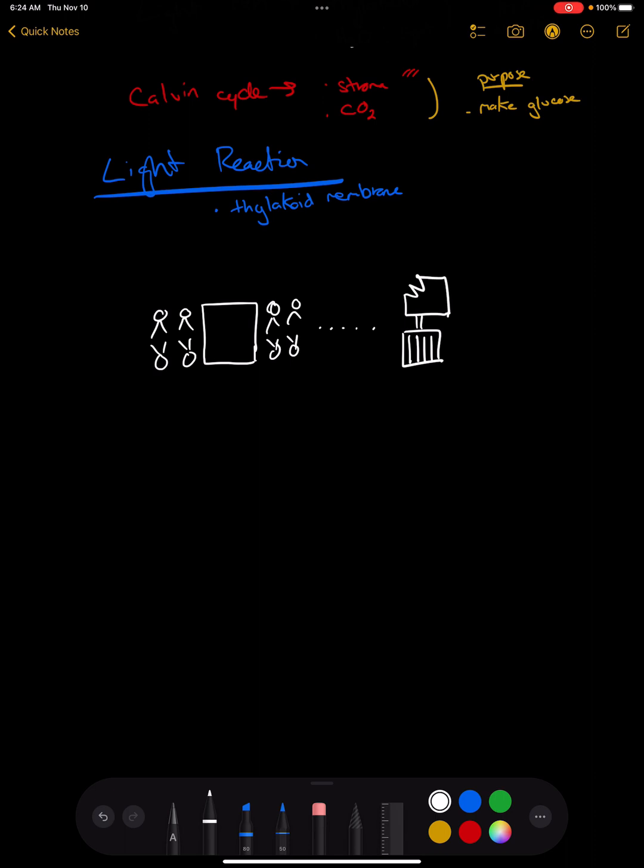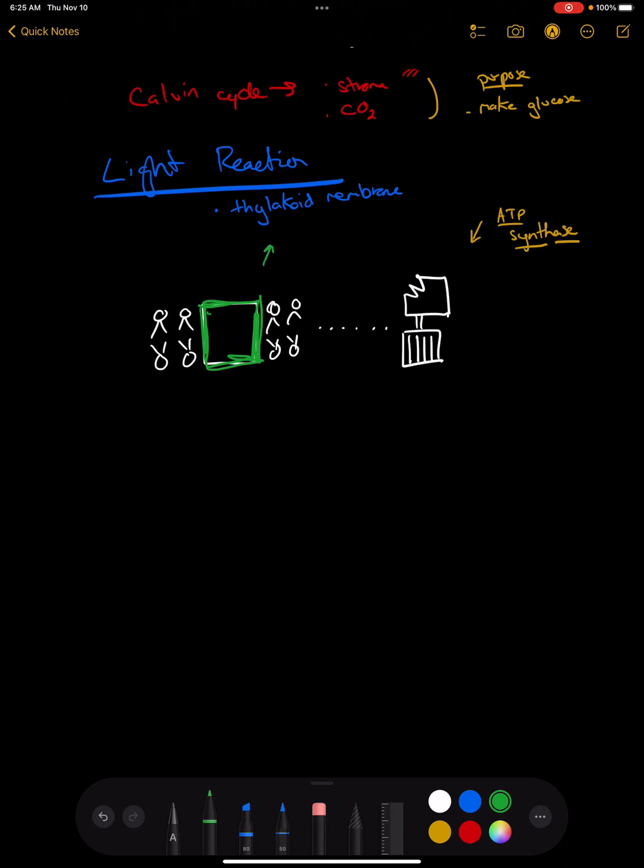And hopefully that box rings a bell as to what he is. This is our old friend, ATP synthase. So remember, he's the enzyme that's going to make ATP. And then this guy right here, let's highlight him in green. Okay, so this guy right here, he has a special name.